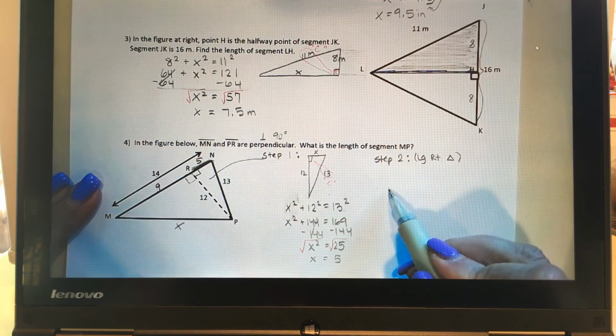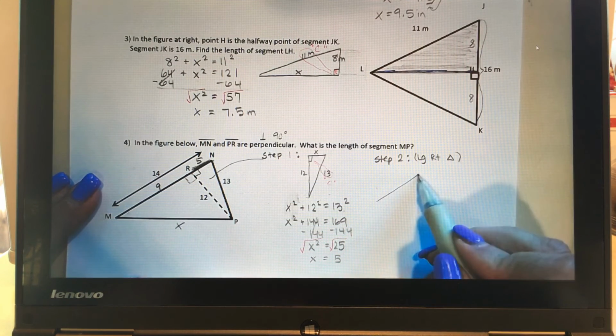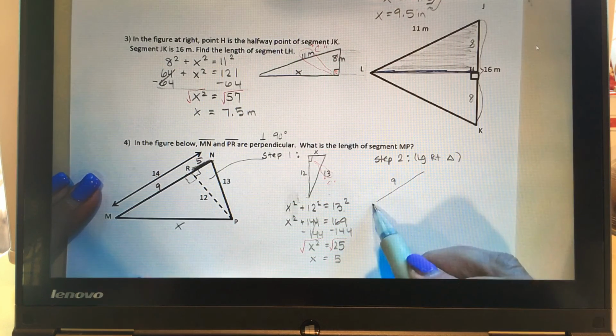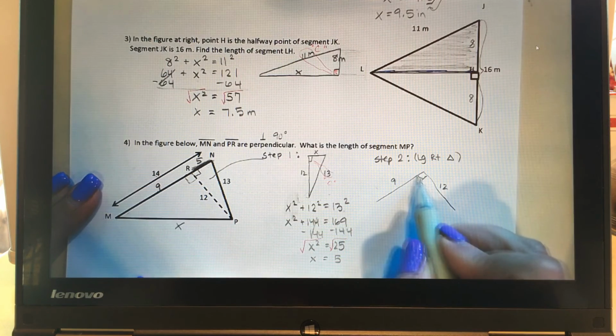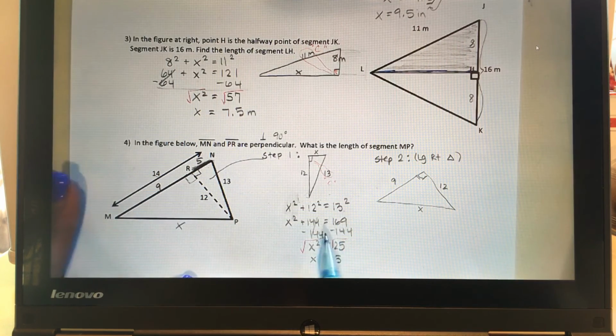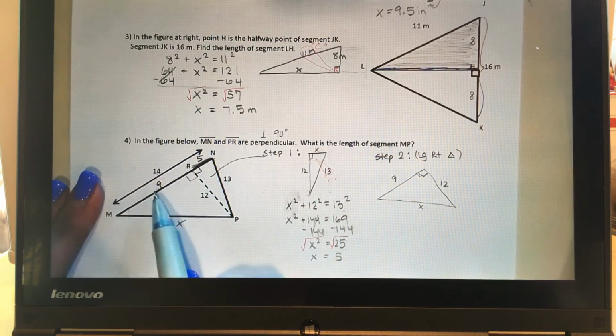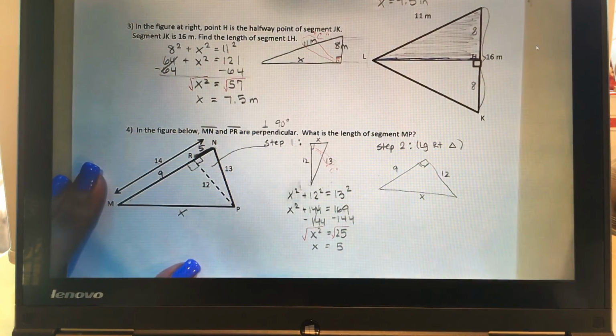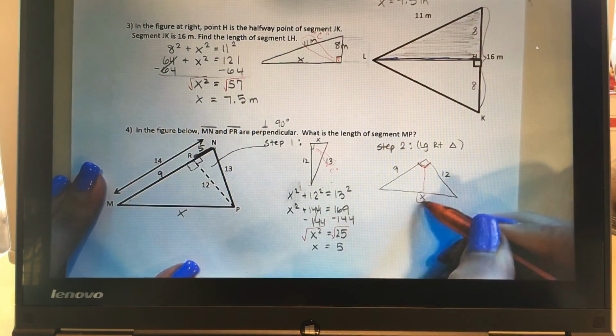The larger right triangle I just found from M to R is 9. R to P, that's my right angle. That's a value of 12. And then this part right here, this is my unknown. So I actually had to do one step beforehand before I could work with the triangle that I needed to solve.